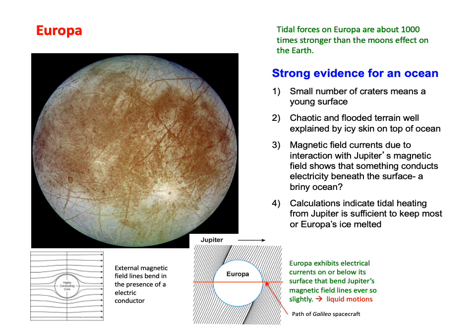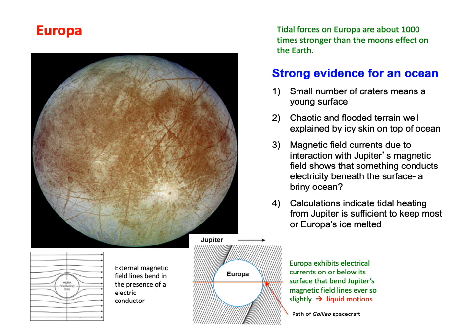Now, if Europa was inert and didn't have any electrical conducting capability at all, those lines would go straight through and there would be no disturbance of them whatsoever if it was not able to conduct electricity at all.